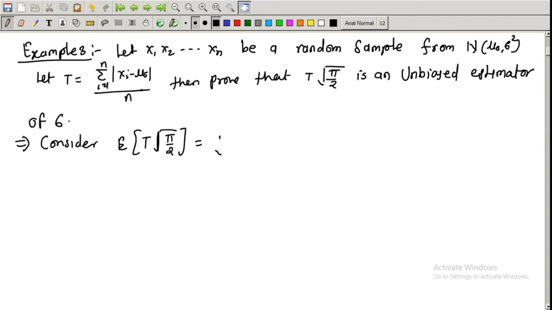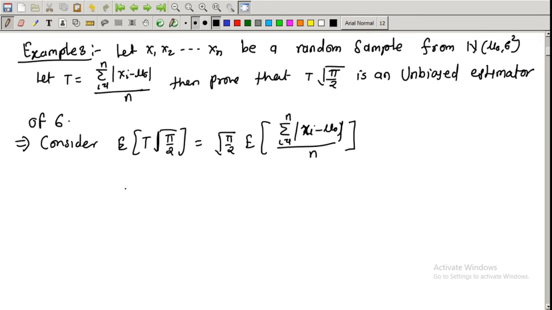So under root pi by 2 is constant. Expected value of t is summation over i going from 1 to n mod of xi minus mu naught upon n.